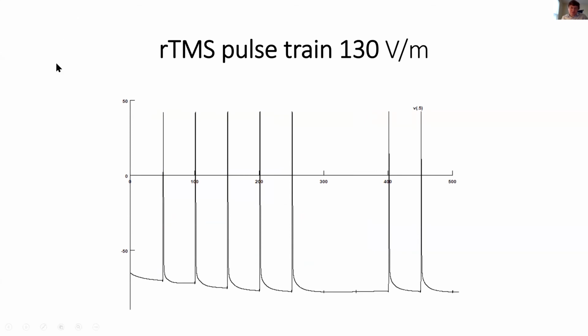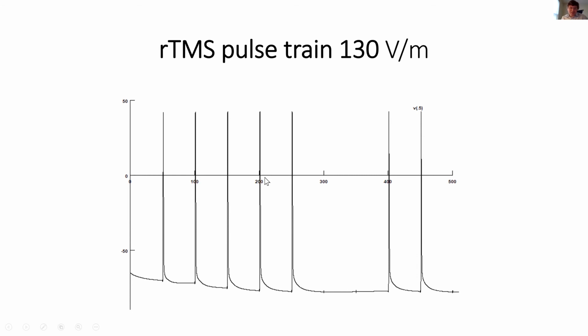And then also moving to modeling of rTMS, if you have repeated pulses, where you have somewhat of a history of activity, and not only a snapshot of activity. There I ran some simulations.